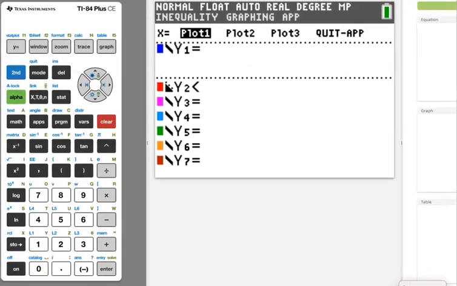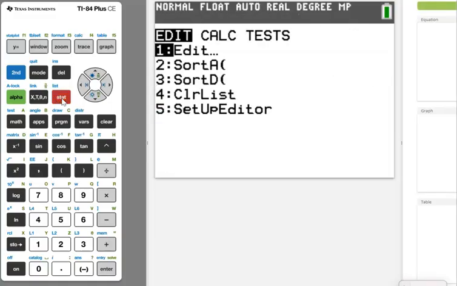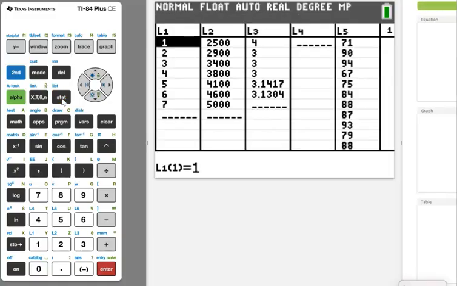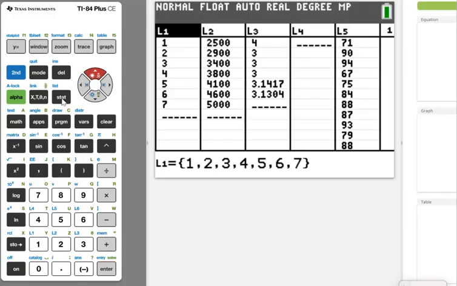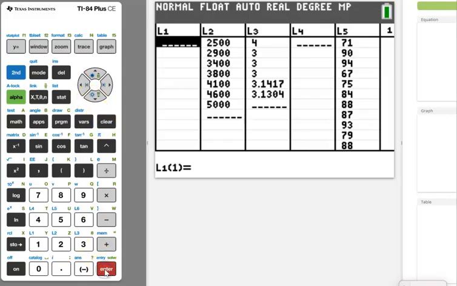All right, and so the way that we're going to do this is we're going to go to statistics and we're going to go to edit. It's a good idea to clear out everything that's in your list. So I'm just going to hit clear, enter to clear that whole list. All right, so that first one is 1, 2, 3, 4, 5, 6, 7.